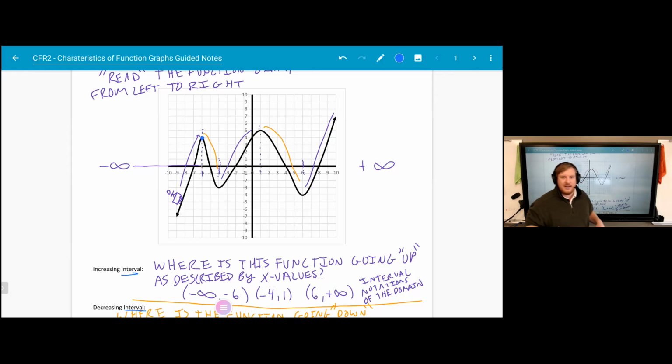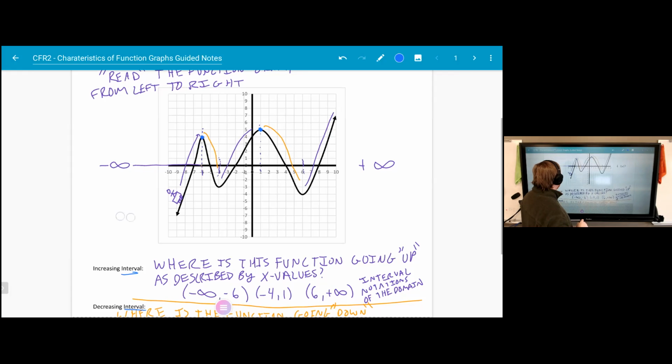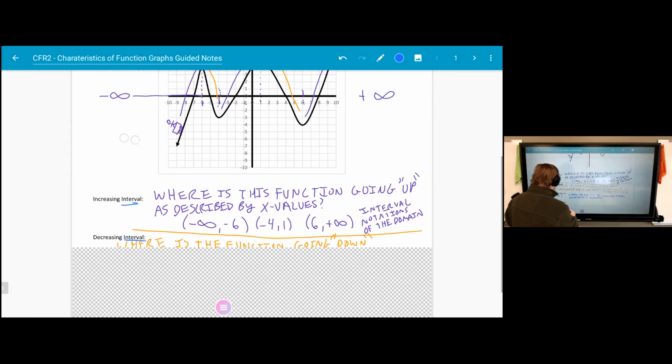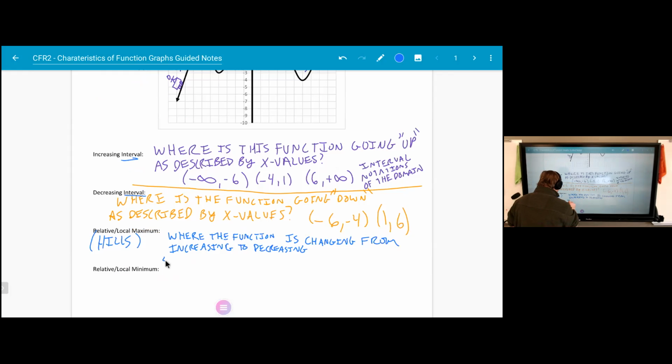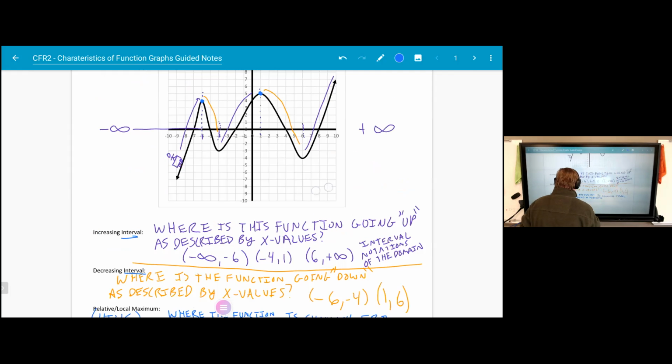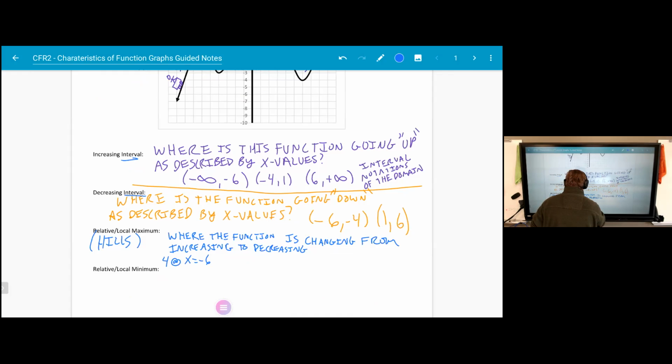Do you see one more hill in here? I sure do, right there. This one has two hills. We have a value of 4 at x equals -6, and we also have a value of 5 at x equals 1. Those are our two hills.